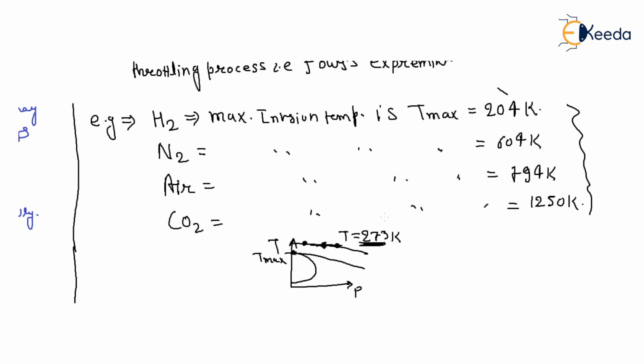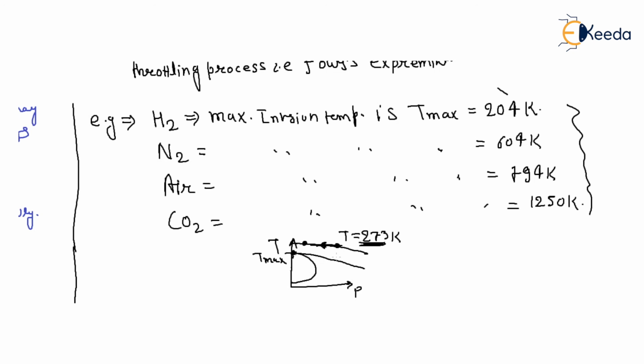First of all, it is pre-cooled by some other process and reaches a temperature below the maximum inversion temperature. Then you start the throttling process. So for such a gas, you can never do the throttling directly. First you do a pre-cooling, so that the temperature is below the maximum inversion temperature, and then start throttling.